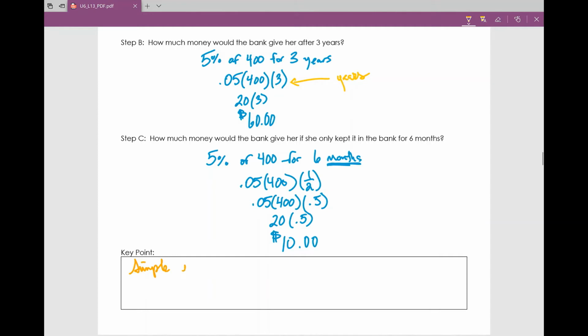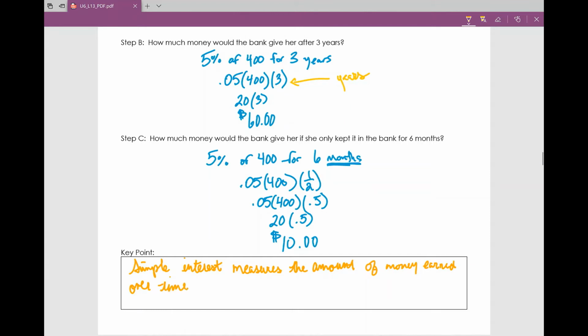Simple interest measures the amount of money earned over time.